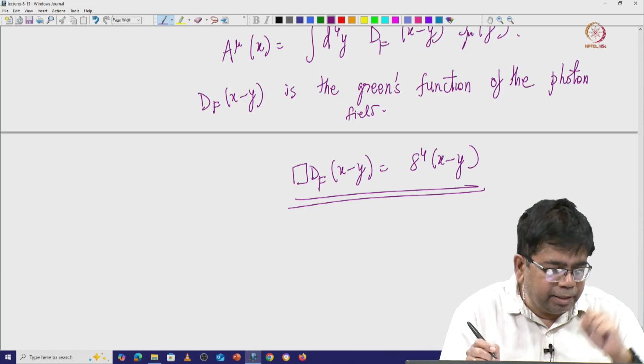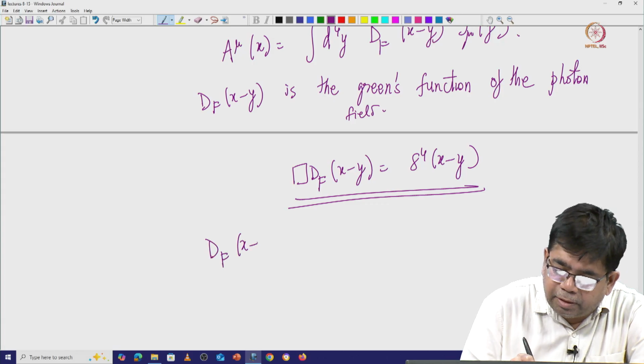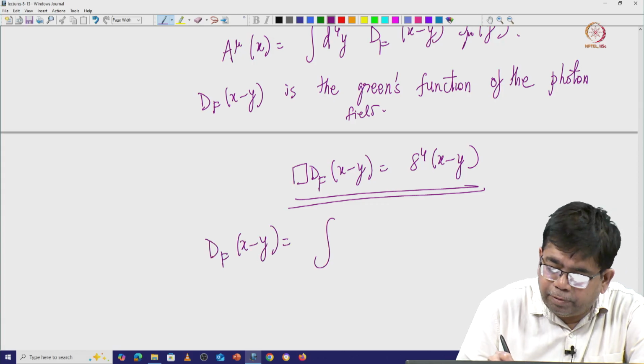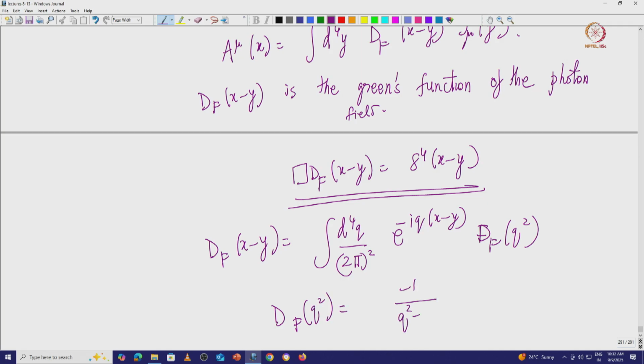In momentum space this is just D_F by q square, where D_F of q square is equal to minus 1 by q square plus I epsilon.